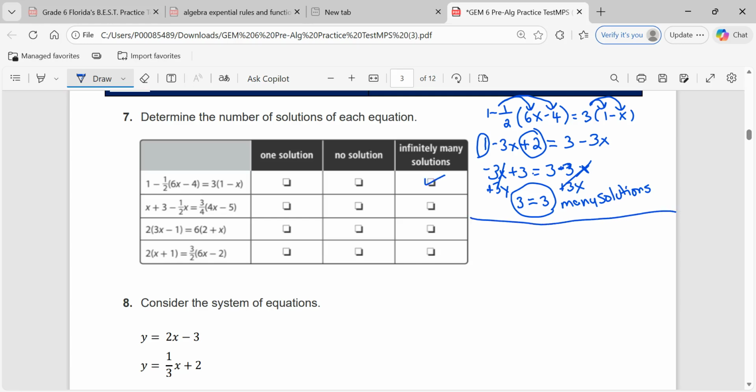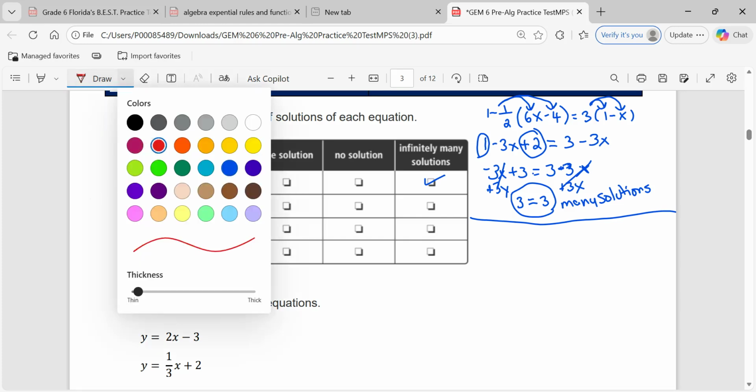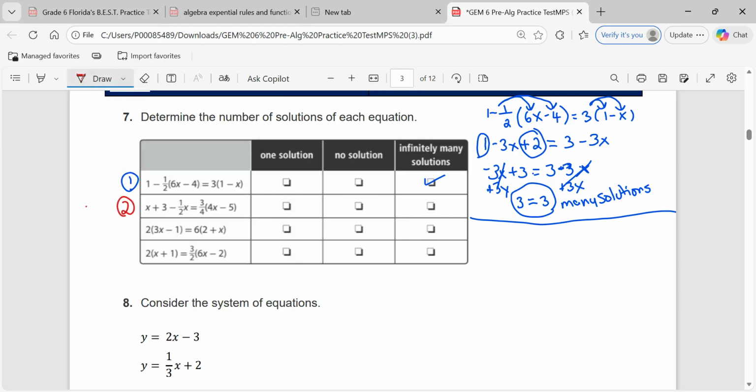Now we're going to try the second one. So let's solve number 2. It's x plus 3 minus 1/2 x is equal to 3/4 times 4x minus 5.